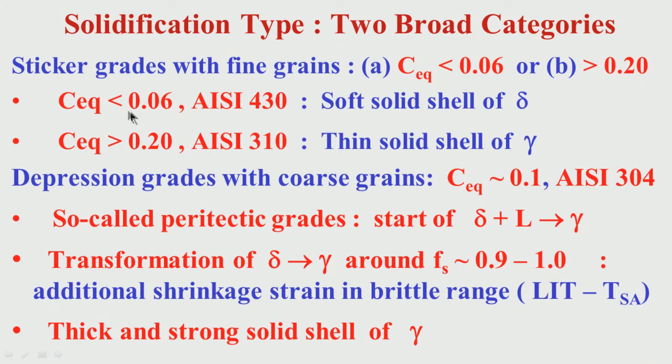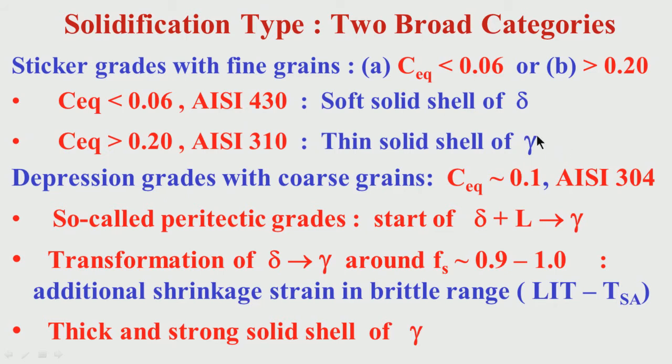So, I have talked about the very low carbon ranges, what happens, and then when the carbon equivalent is relatively high, more than 0.2, 0.25, 0.3 or maybe more, it may exceed, like ball bearing steel, where the carbon equivalent is almost 1. So, in such type of steels, what you have is a very thin solid shell of austenite.